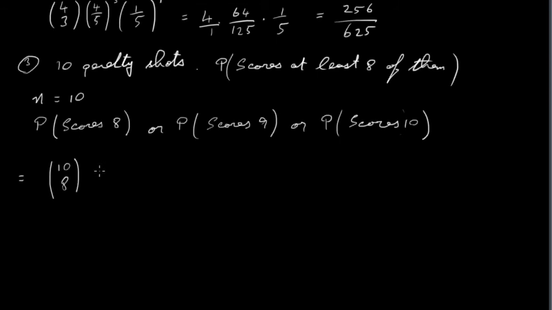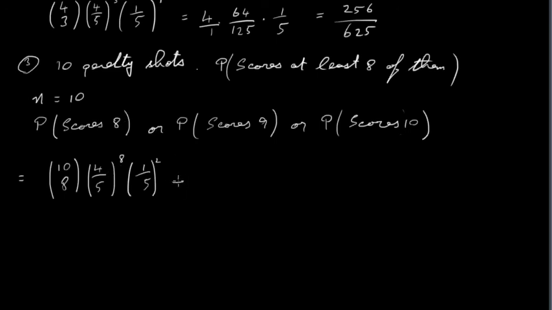In this case, success is scoring, and the probability was 4/5, to the power of 8. Then missing or failing is 1/5, to the power of 10 minus 8, which is 2. So that's the probability that he scores 8.